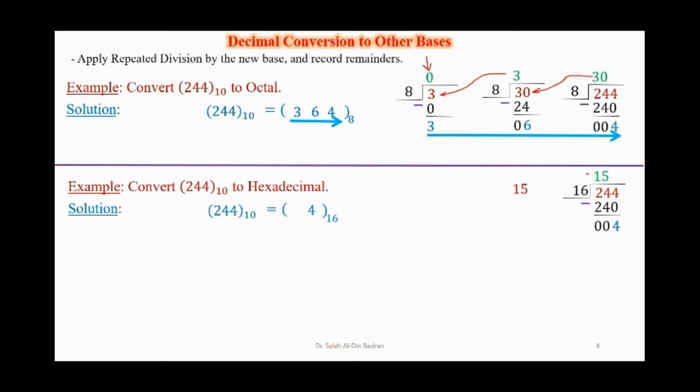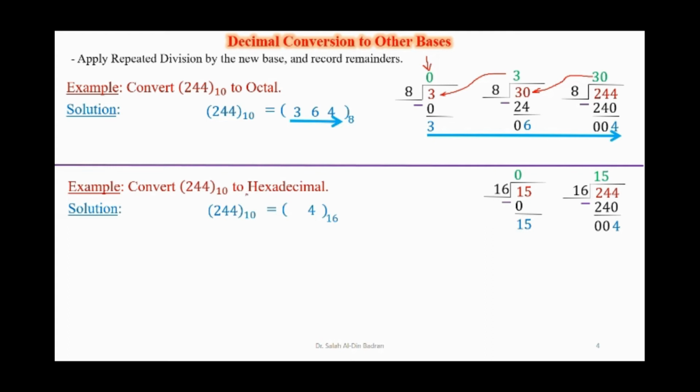Get the quotient 15, use it as a dividend in the next step, divided by the base, which is 16. The result is 0. Multiplied by 16, 0. Subtract 15 minus 0, you will get your final decimal number. But here, as you see, this is a decimal result.